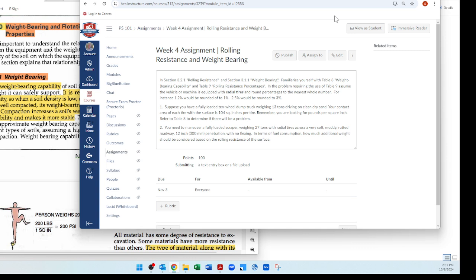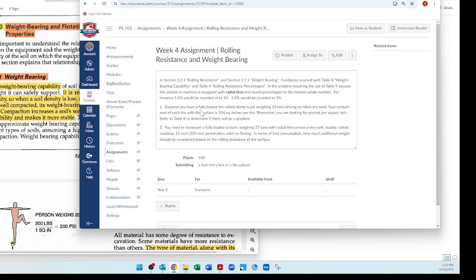So let me read this. This is what you're going to be doing. You might want to take notes when you go through this. I'm working on this problem right here.